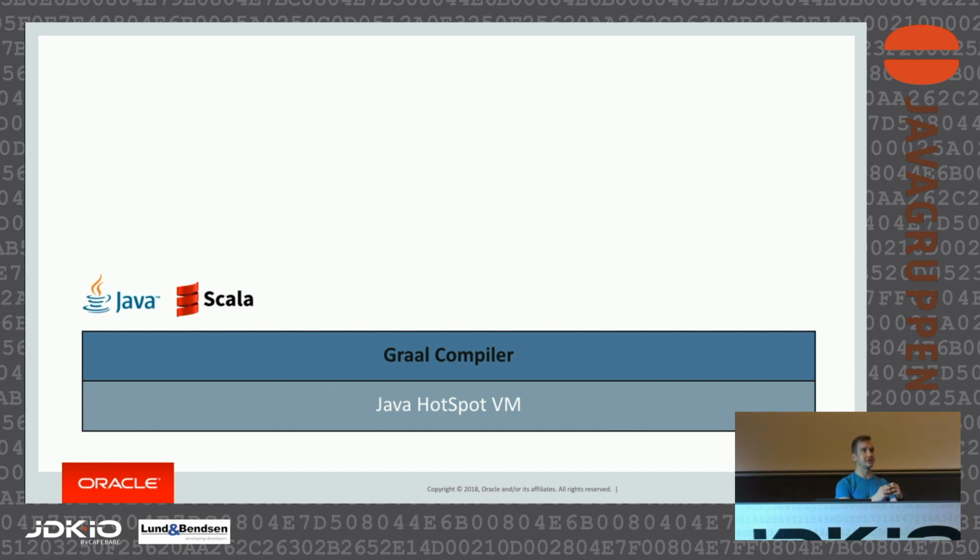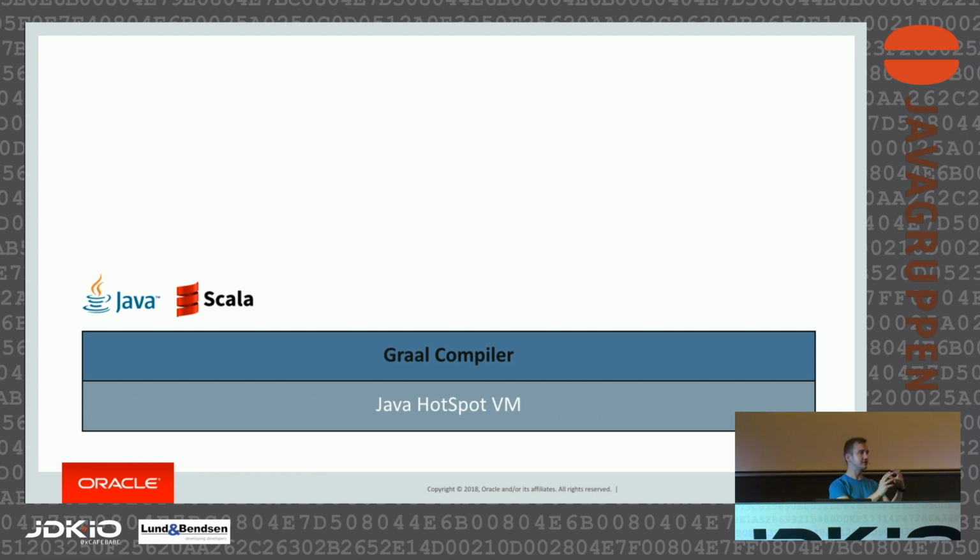Using that interface, the GraalVM project supplies this third-party compiler, which could be reasonably better than the default C2 compiler in HotSpot. And through that compiler, we can execute JVM languages. Everything that compiles to bytecode can be successfully executed on GraalVM.